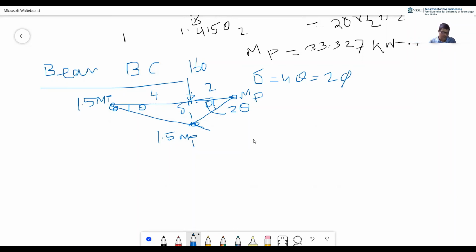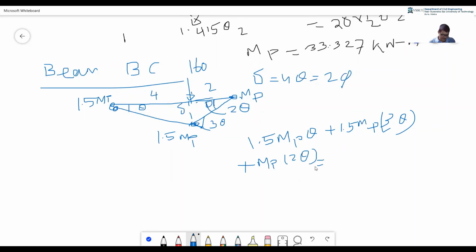Now if you put an equation, what will you find? 1.5 MP into theta, and this is 3 theta, plus 1.5 MP into 3 theta, plus MP into. Okay, so what is the total value coming? Now you can see total value is coming 8 MP theta.